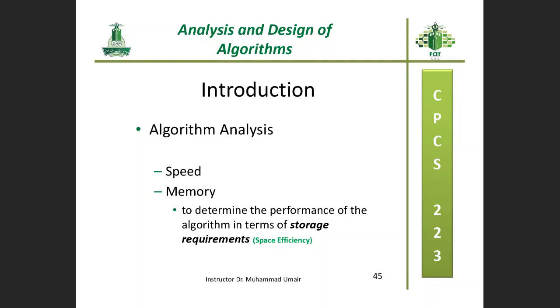So when you are designing an algorithm, you have to consider which data structure will be more beneficial in terms of efficiency. Whenever you have an algorithm, it can be analyzed from two perspectives: its speed as well as its memory. Is it clear?